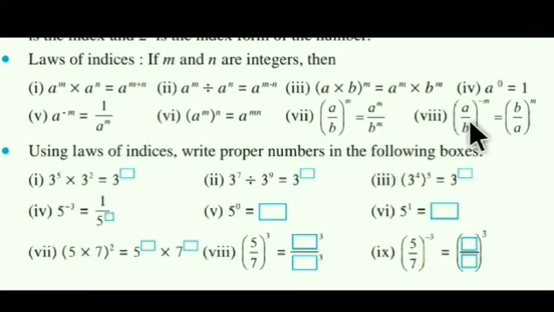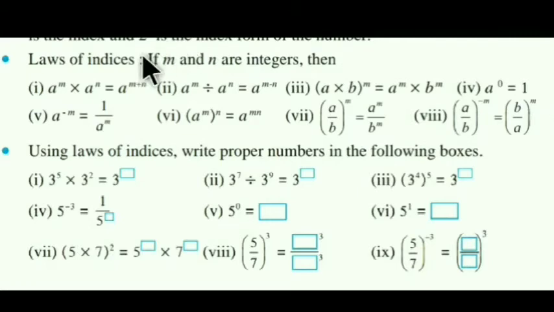Then the next law: in bracket a upon b, bracket index minus m. For getting the index positive, you take the multiplicative inverse of a upon b, that is b upon a, bracket complete, raised to positive m.